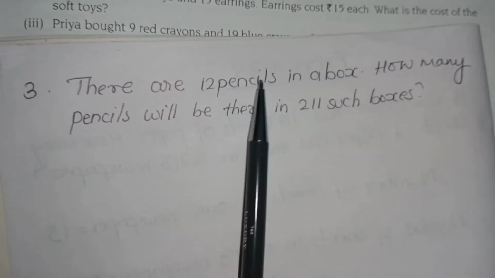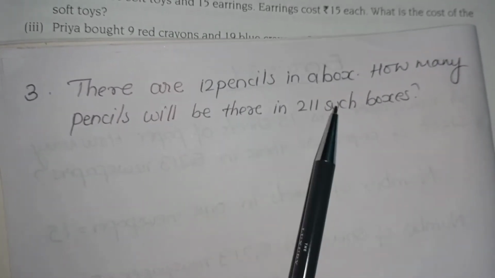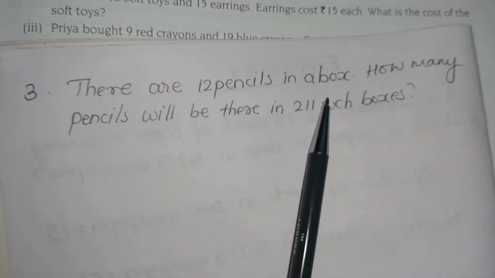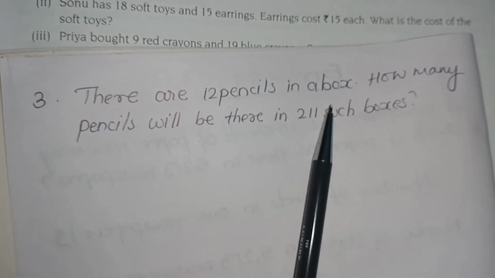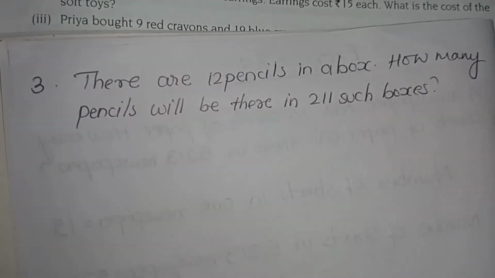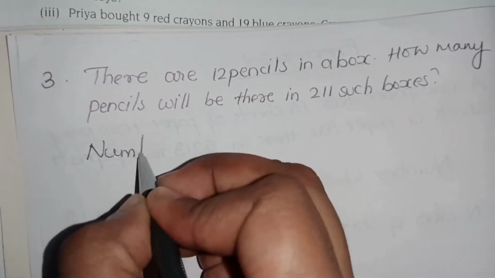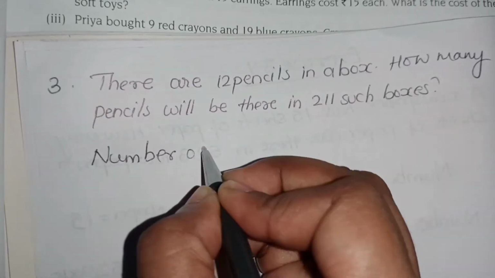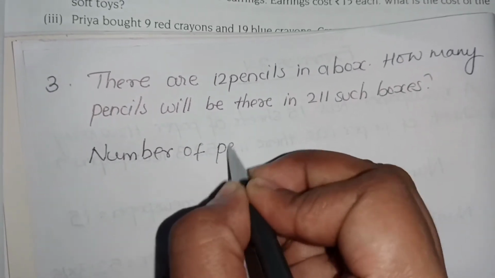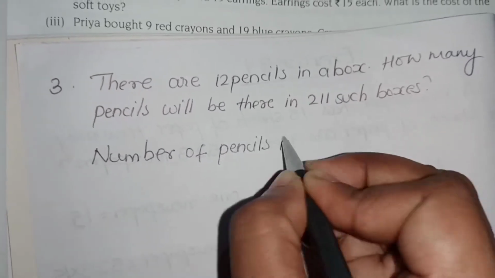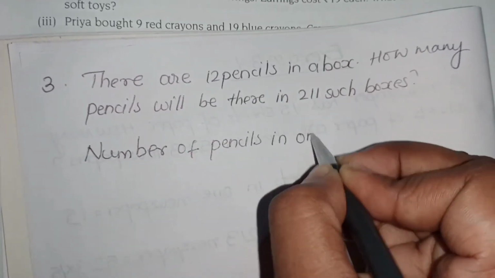So in one box 12 pencils are there, and then in 211 such boxes how many pencils will be there? So what you have to do? We have to multiply. So now let's write. Number of pencils in one box.